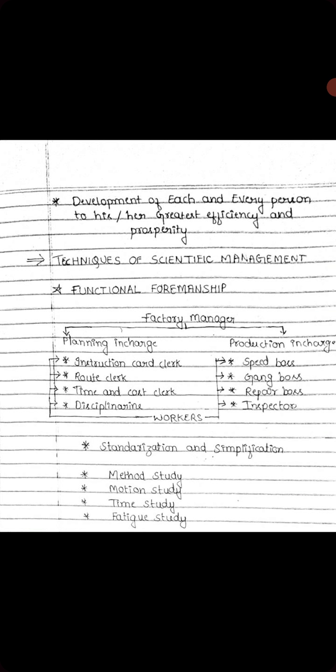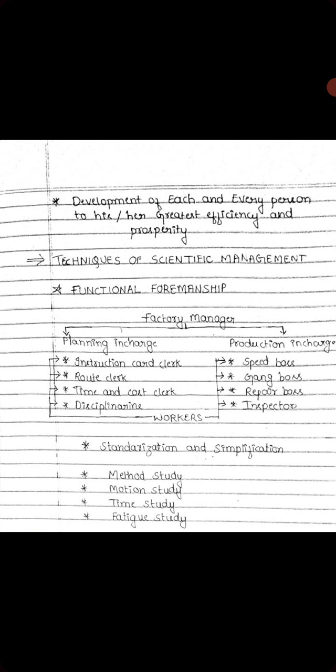They will have some particular areas in which they are specialized. So what Taylor suggests is that through functional foremanship, if a manager is specialized in a particular thing, he should be given that work only, because it can increase the efficiency of the organization. That is to say, it can give more result with less cost.